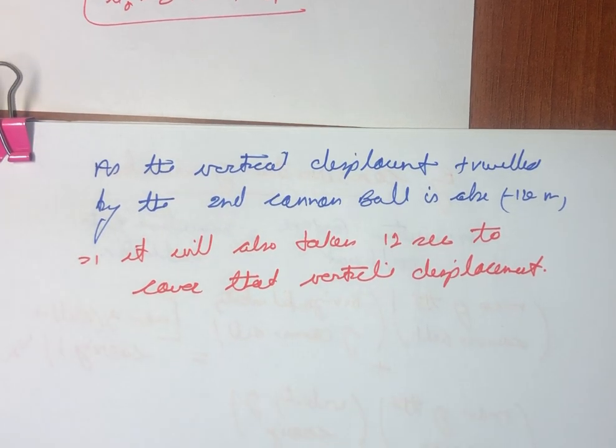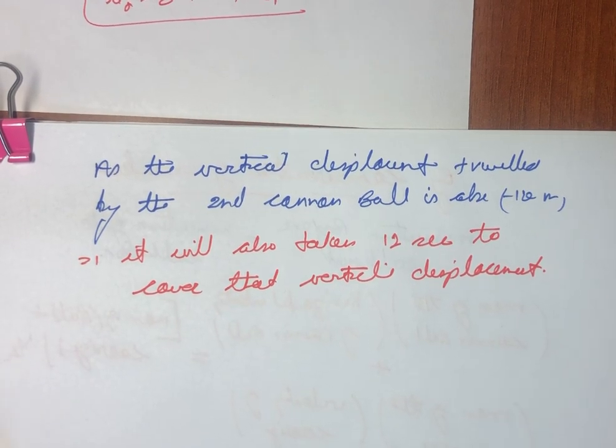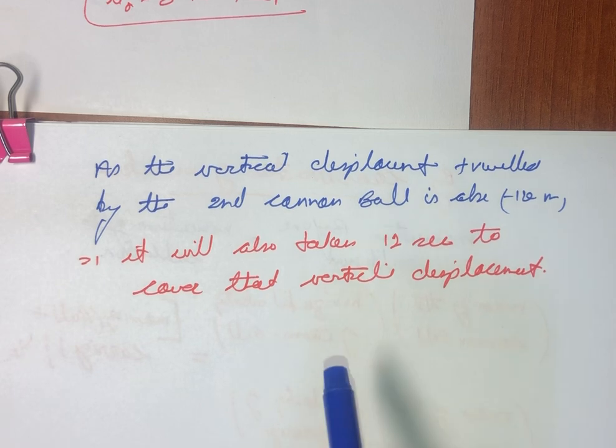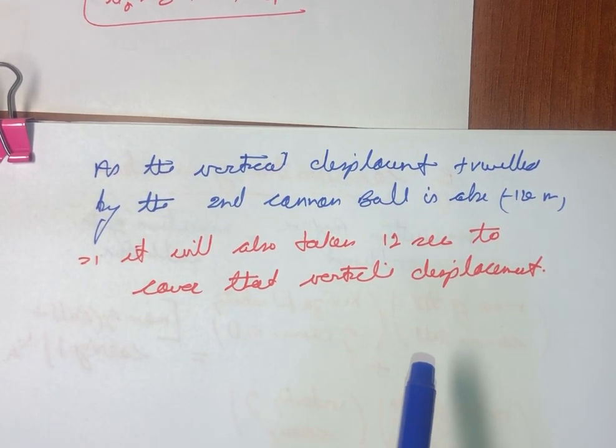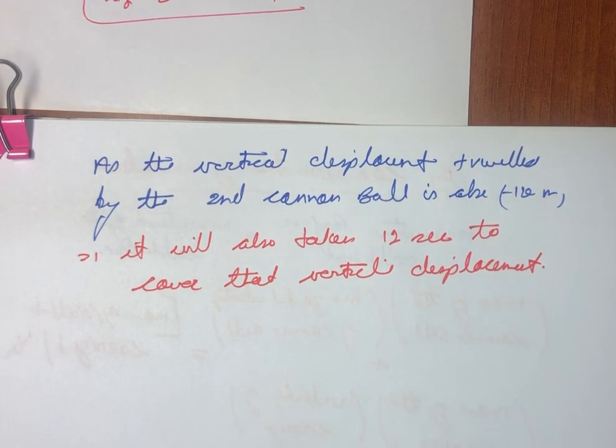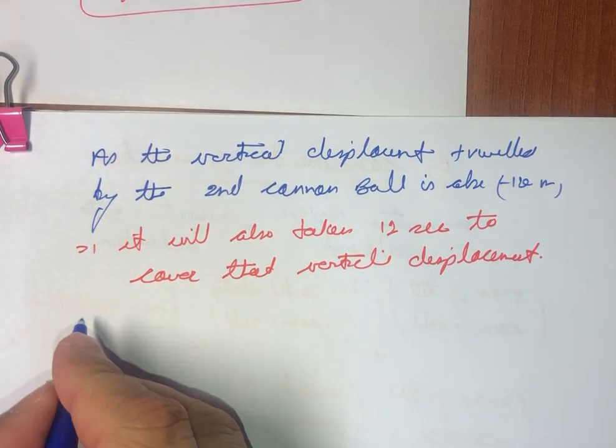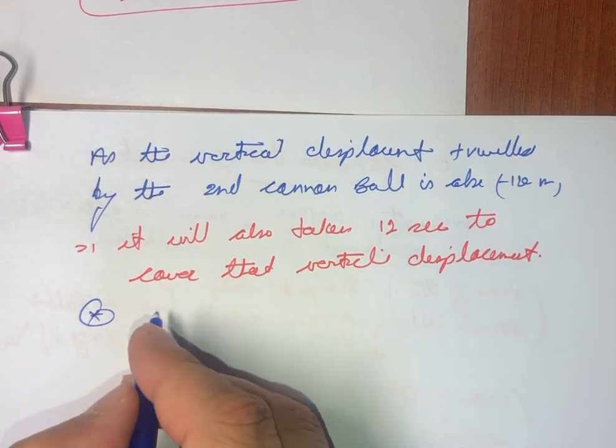Now we already calculated that the velocity of the carriage as well as first cannonball when the second cannonball is going to strike the carriage is 5√3.